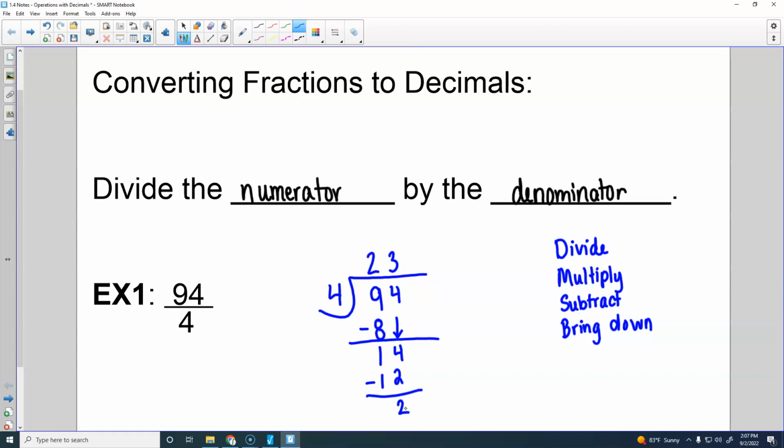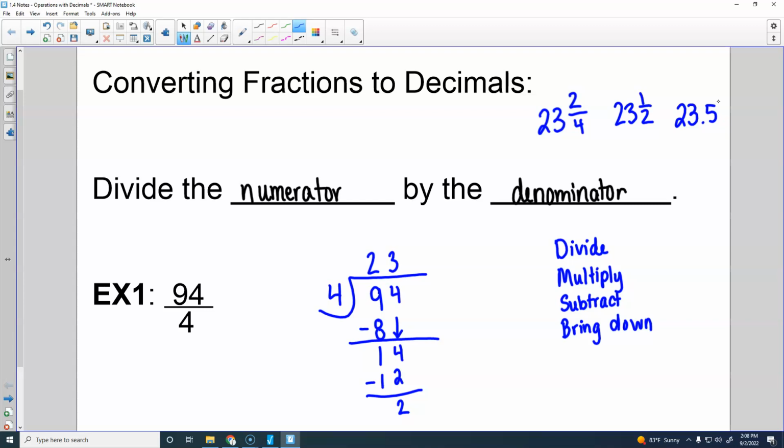So if I were doing mixed numbers, I could just say 23 and 2/4. Sometimes you might want to do that. That's 23 1/2, and you can really easily change that to a decimal. But sometimes it doesn't work out so easily there.